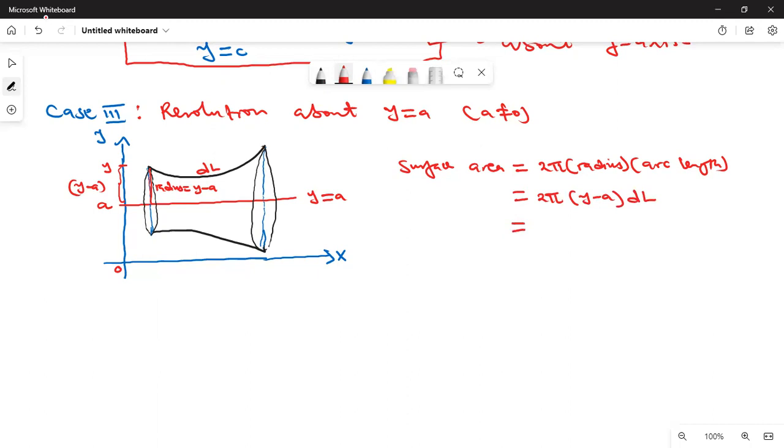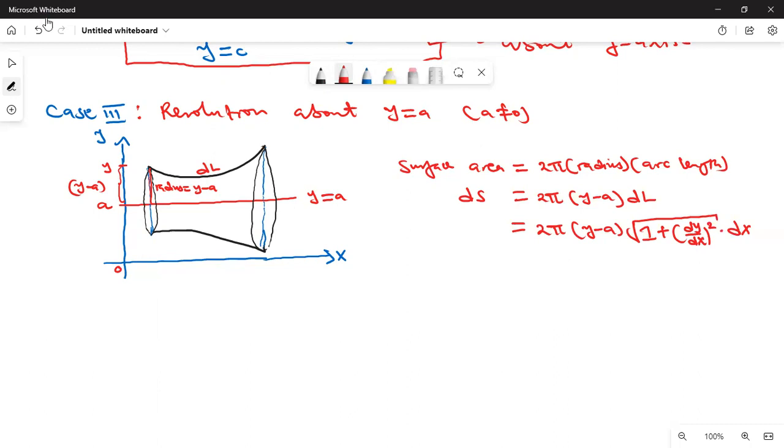And this you can write as, remember here it is ds. So 2 pi y minus a. dl is the square root of 1 plus dy over dx squared times dx. That's our dl.